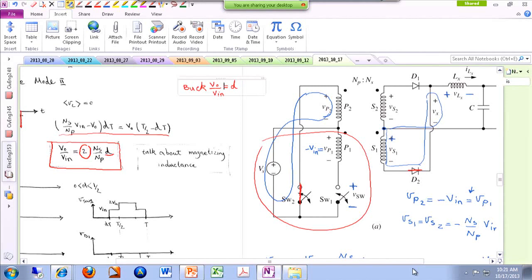Forward topology may be a better topology because the current stress is split between 2 switches. So they are kind of shouldering the load. So this forward topology would be a better choice for power ratings beyond maybe 200 watts, 300 watts, all the way to, for instance, 1 kilowatt or something like that.